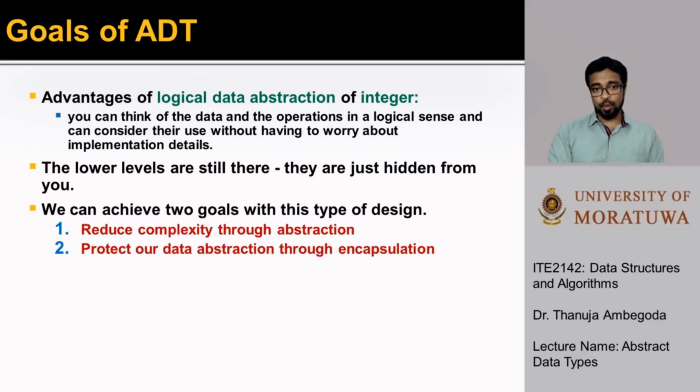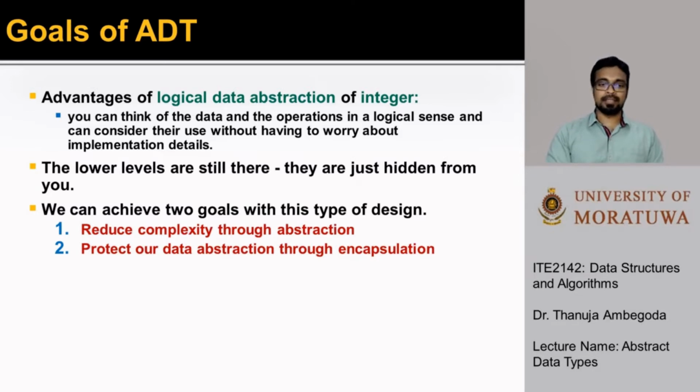So there are two goals that we have achieved with this type of design, with this approach to having abstract data types. Number one is we can reduce the complexity. So we don't have to always worry about how things are implemented. There are operations defined. So there's an interface. You only have to know what the operations defined in the interface are doing and how to use them. So that way we reduce the complexity.